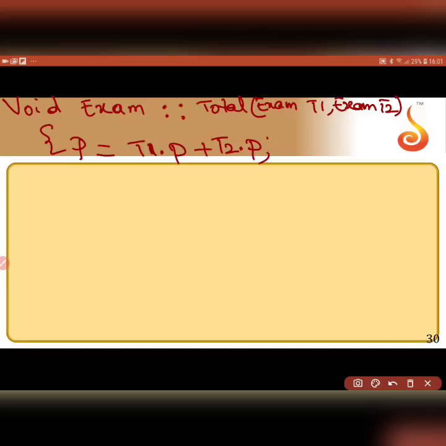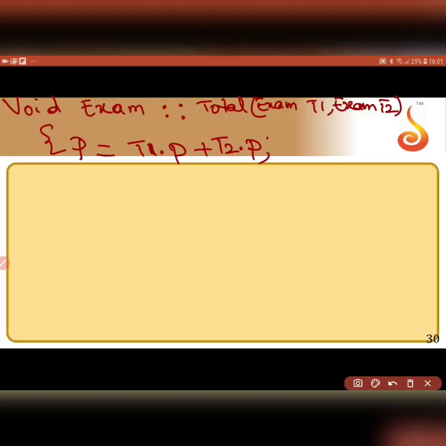Same way, physics, chemistry, math marks with T1 would be your PUC marks, and with T2 would be your CET marks. They may be same, they may be different.